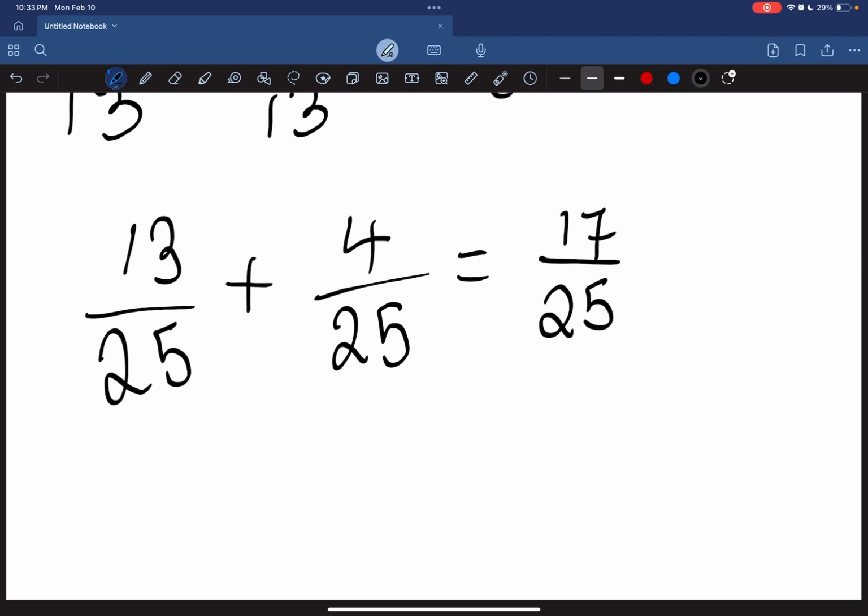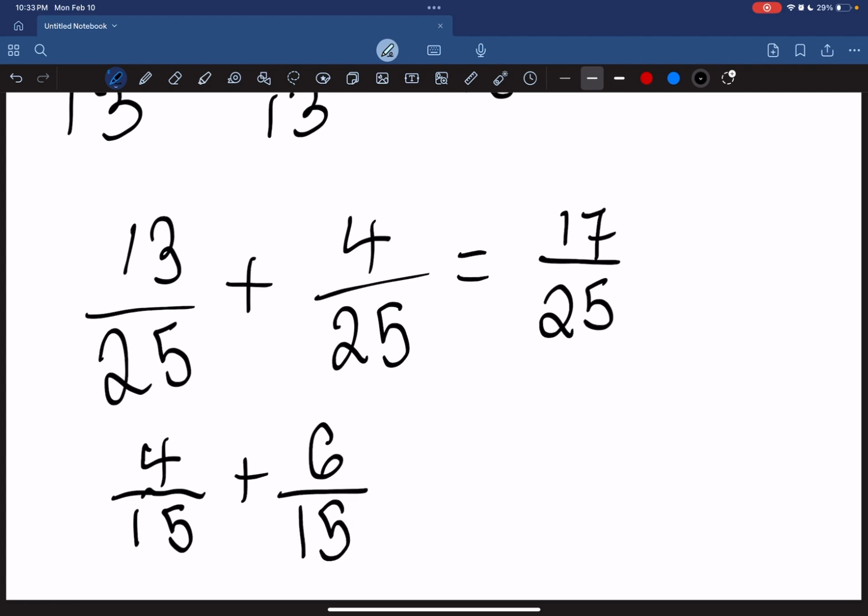In some cases we might have fractions that can be reduced. So let's say we have 4 over 15, plus 6 over 15.